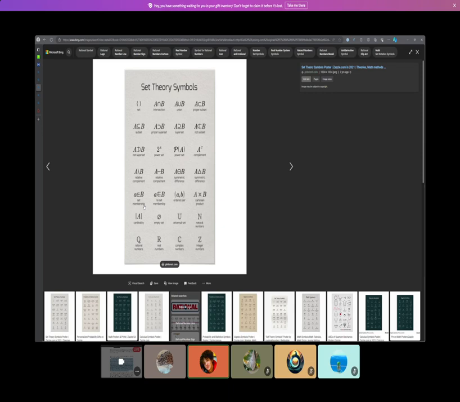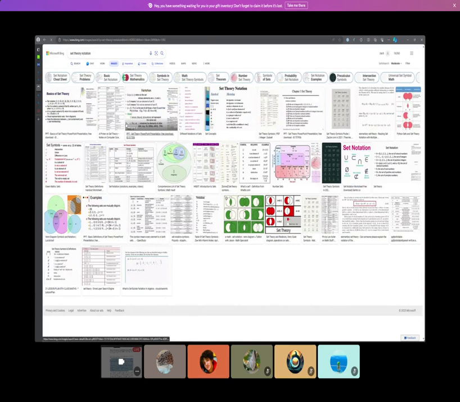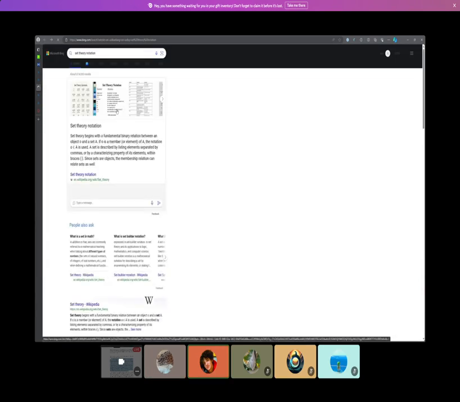Can you go to another one and see what proper subset means? You've got to find proper subset. Go back. Just find one.